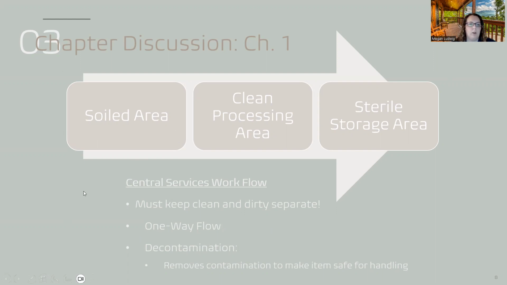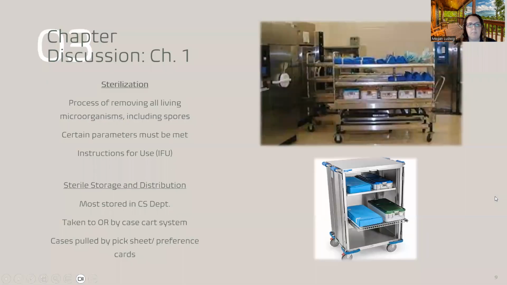So that's what you're doing in the soiled area. They come back to you from being used on the floor in the OR. You're decontaminating them and putting them through a deep washer decontaminator to make them safe for handling. That way you can restring them, reprocess them, and then send them into a sterilizer to be used again.